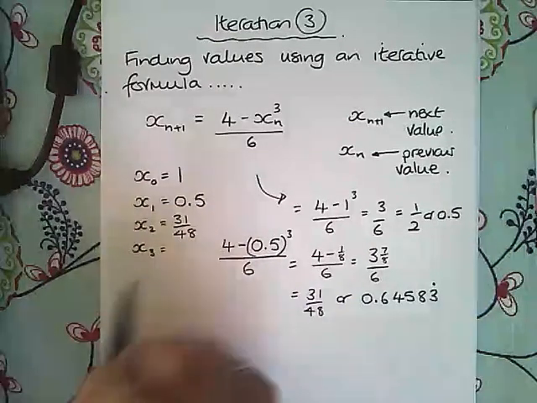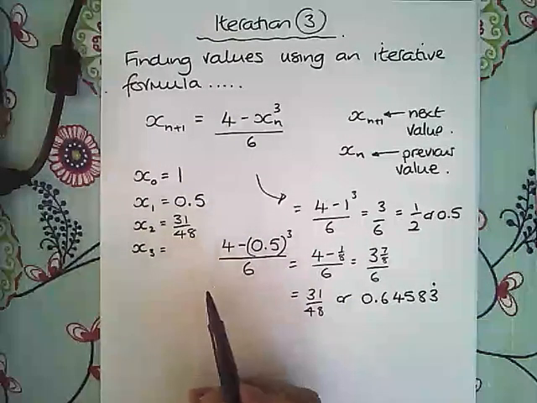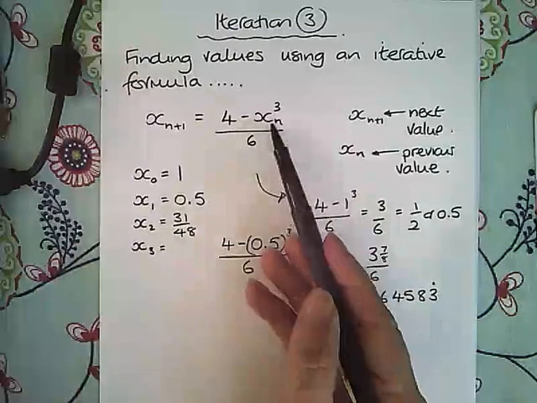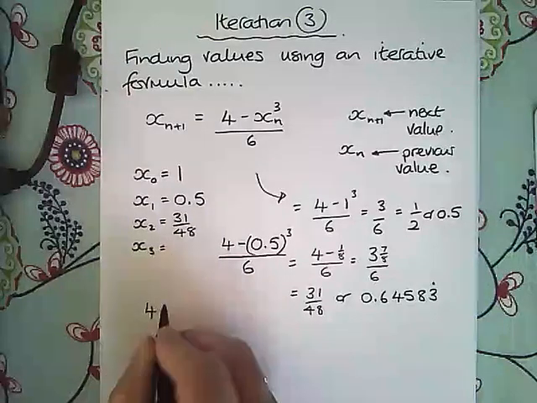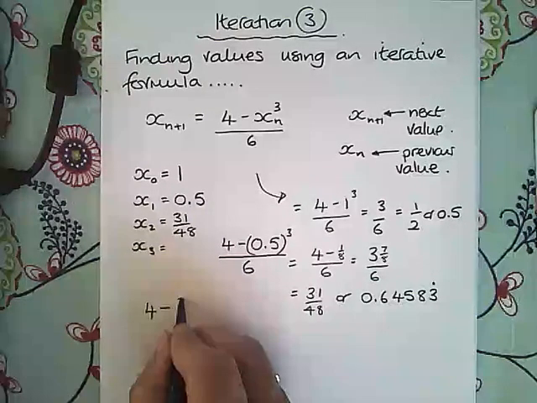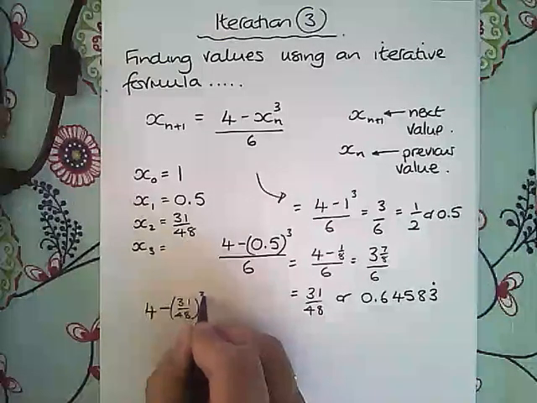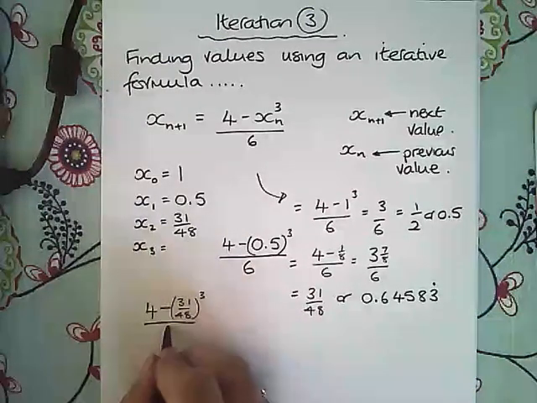And then finally, my third calculation, I'm going to put this value in place of the x. So I have 4 take away 31 over 48, and I'm going to cube that, and then I'm going to divide that by 6.